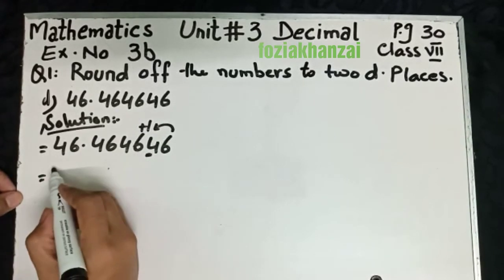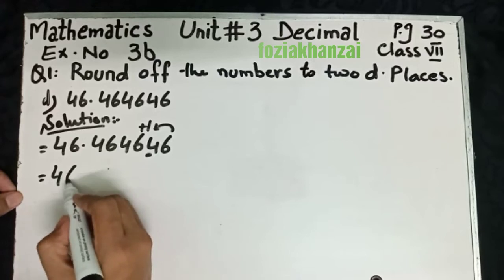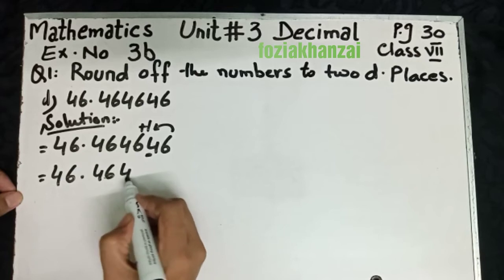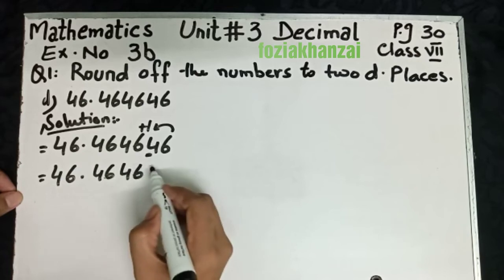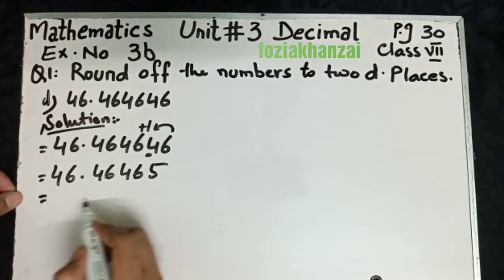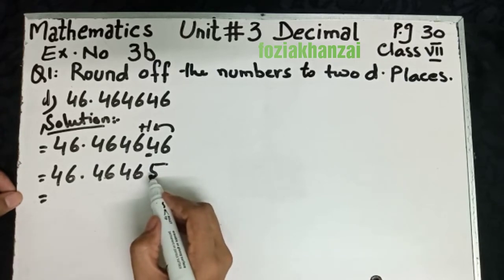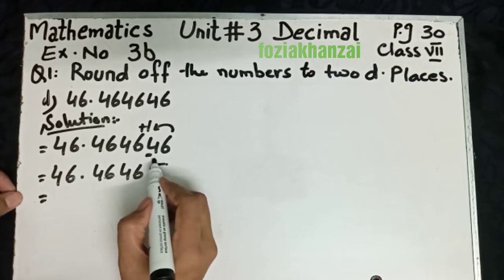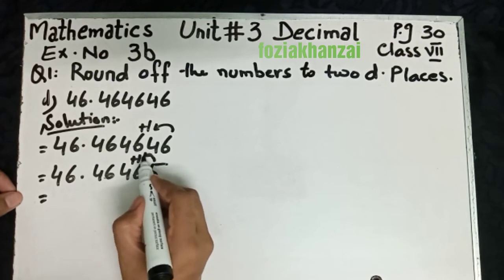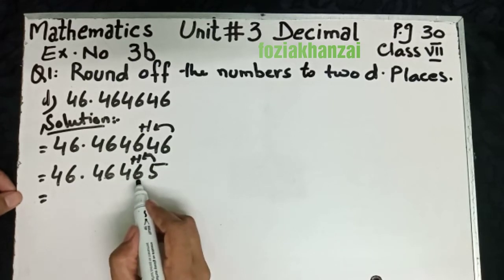Okay, in the next step we write it like this: 46.46465. Okay, next step, 5 is greater than or equal to 5, so we add 1 to the previous number 6. 6 becomes 7.